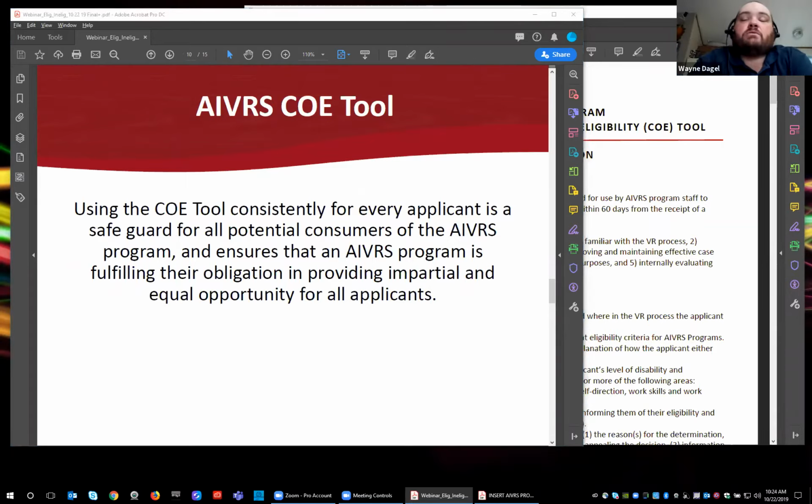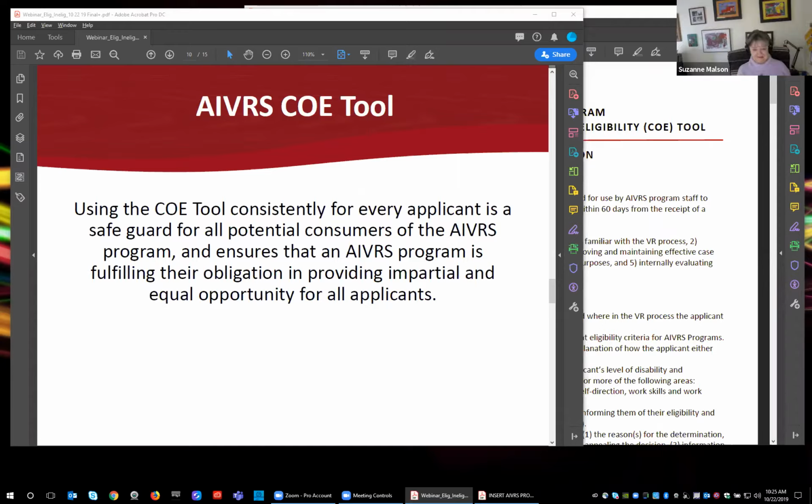Okay, so in developing this tool, one of the main discussions that we had was that we wanted to be able to provide the AIVRS community with a tool that allowed for consistency to be developed. One of the things that we noticed across multiple programs, and if anybody's been in the AIVRS world a long time, it's that we all like to do our own thing. None of us really get together and say, hey, let's all do the same thing.